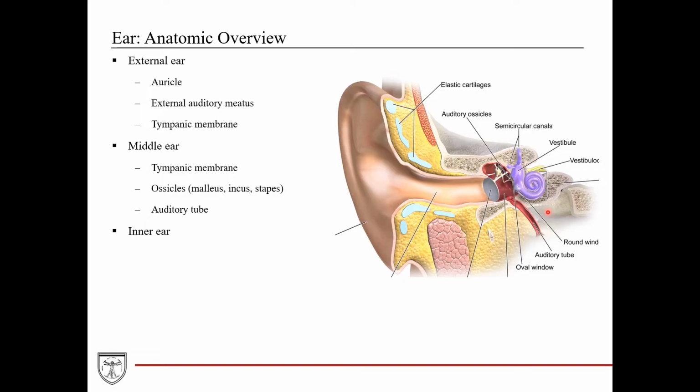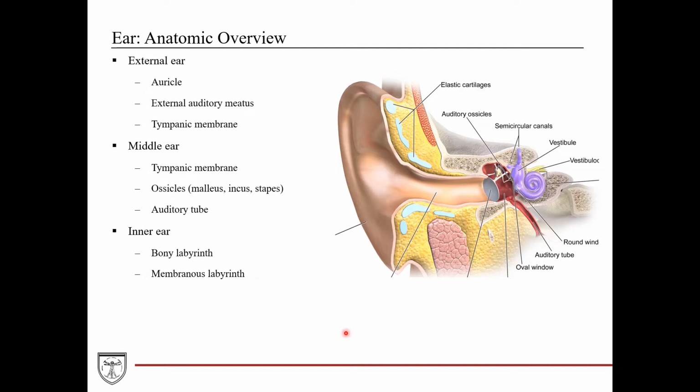But for now, just know that the inner ear has the outer bony part, and on the inside, we have a really delicate membranous labyrinth that follows all the contours of the bony casing. And this membranous labyrinth is itself filled with fluid and in its entirety is kind of supported and floating within the fluid of slightly different composition. Again, more on that later.